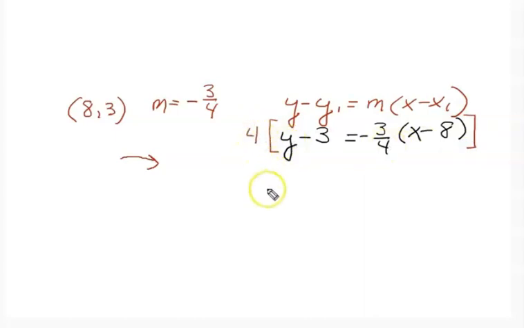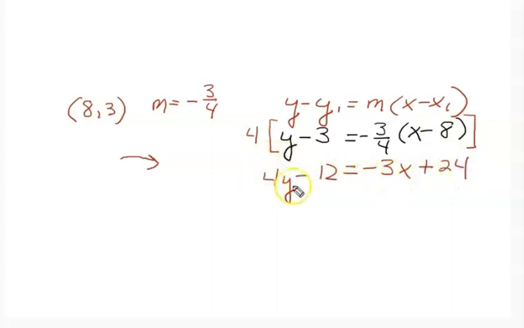So 4 times y is 4y. 4 times a negative 3 is a negative 12. Now here, 4 times this fraction, the 4s cancel out, and we're left with just a negative 3 times x, which is negative 3x, and a negative 3 times a negative 8 is a positive 24.